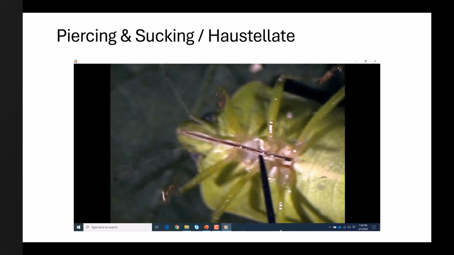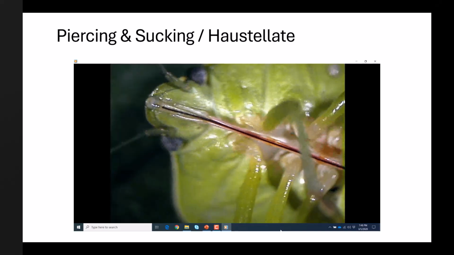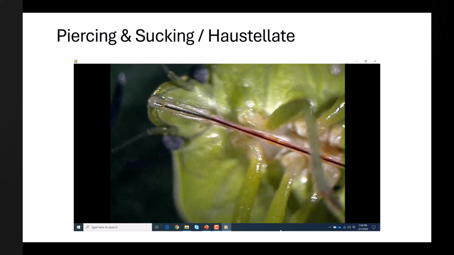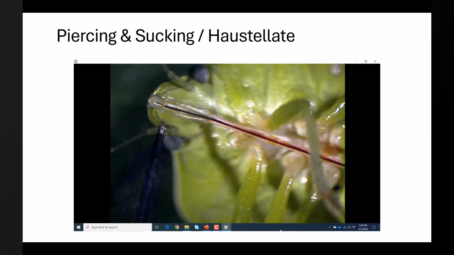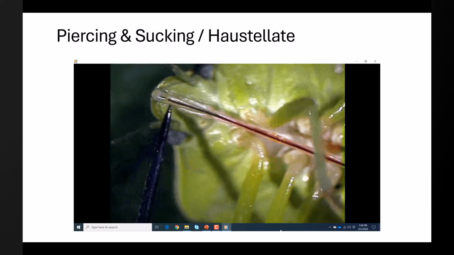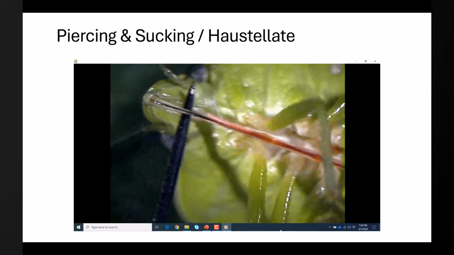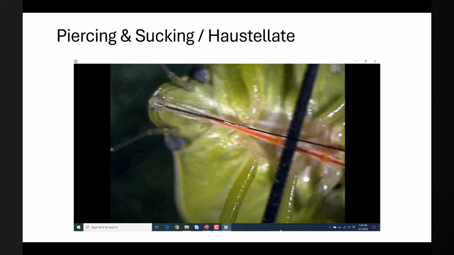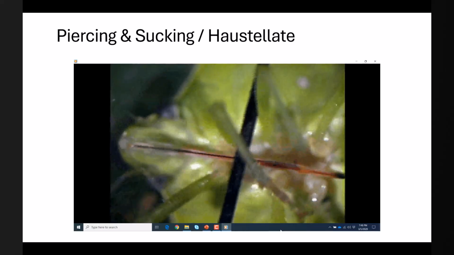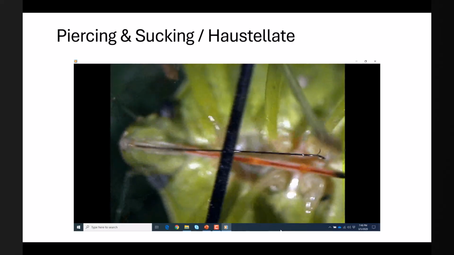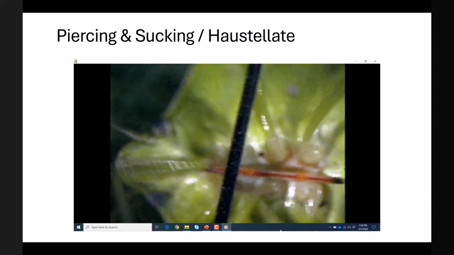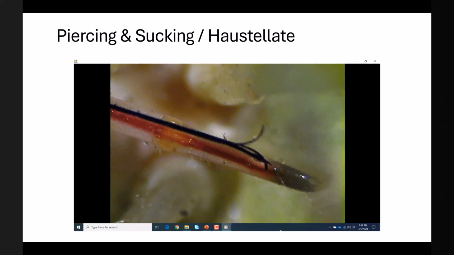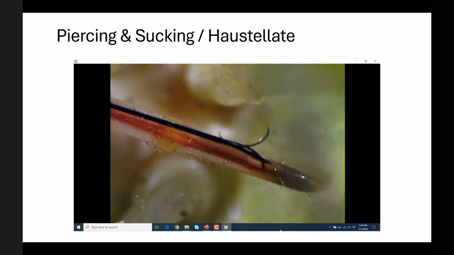They're just modified and adapted to do something different. So the black teeth that the grasshopper had that you saw moving side to side are now modified to this long, single, skinny little tube. And what was protecting that little tube was the mustache and the bottom lip that we couldn't see on the grasshopper. And so all that penetrates that plant tissue is this skinny little mouthpart that's going to pierce inside and then suck the juices.